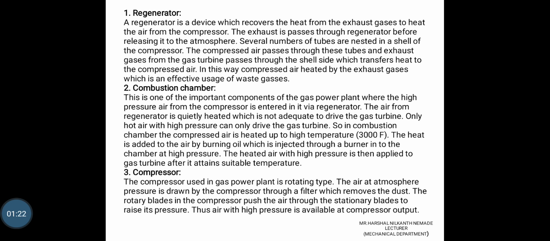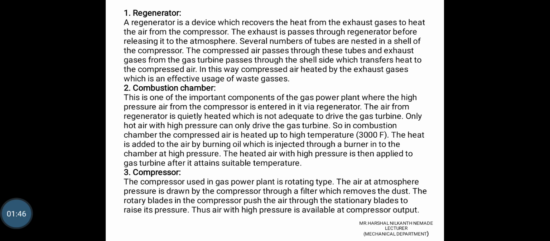Second one is the combustion chamber. This is one of the important components of the gas power plant, where the high pressure air from the compressor enters via the regenerator. The air from the regenerator is only slightly heated, which is not adequate to drive the gas turbine. Only hot air with high pressure can drive the gas turbine.